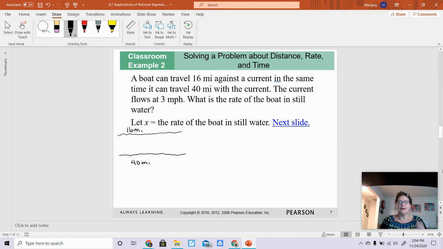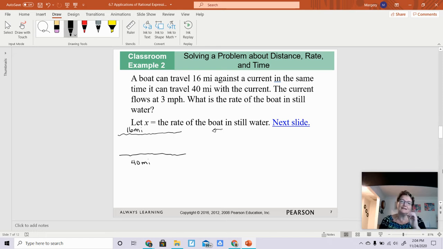Now, a boat can travel 16 miles against the current. So we're assuming, let's say the boats are going in this direction. So this one here, the current flow is at 3 miles per hour.